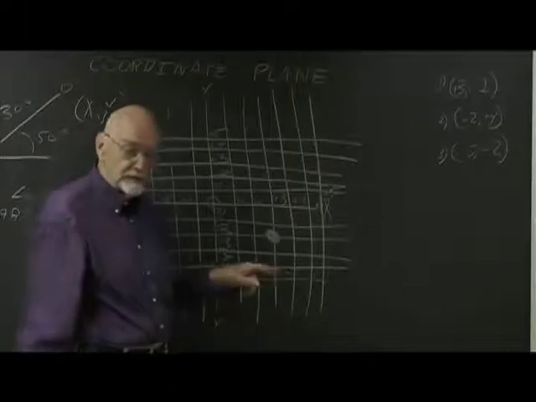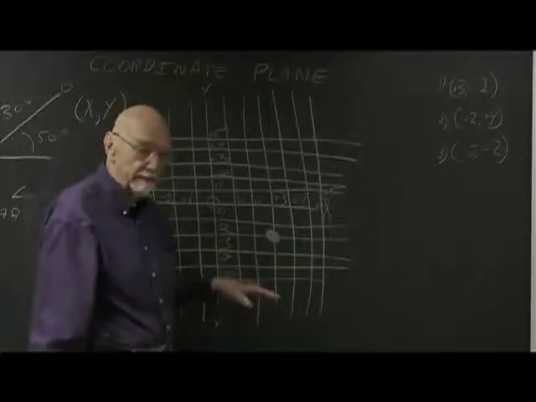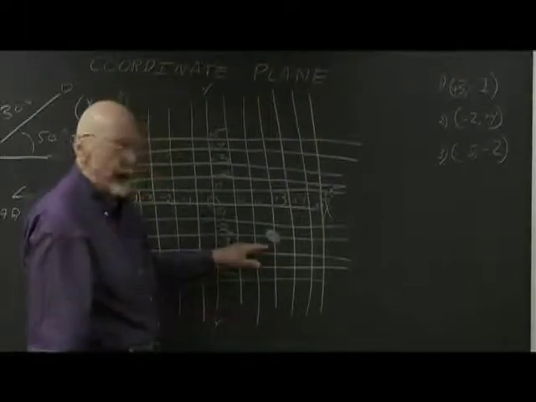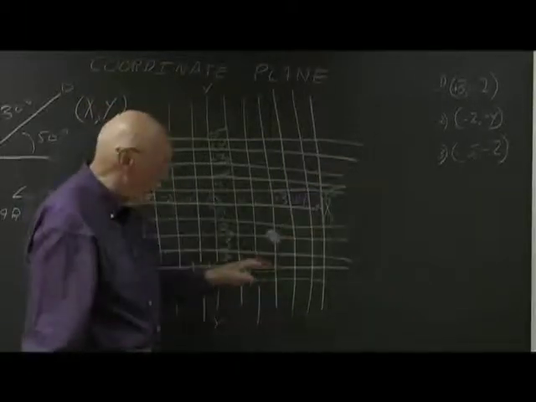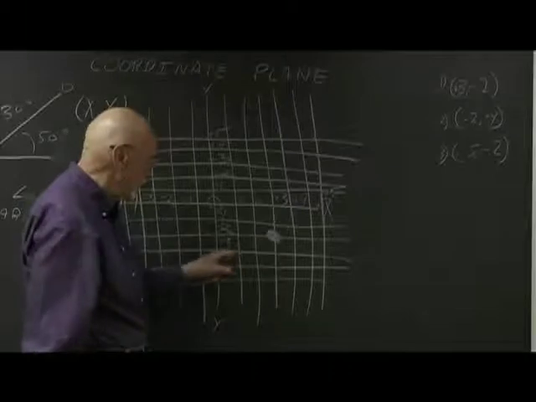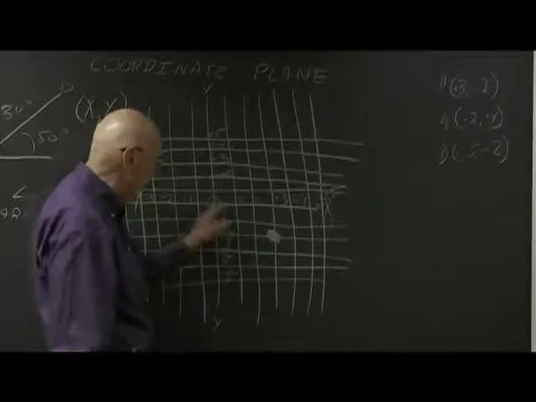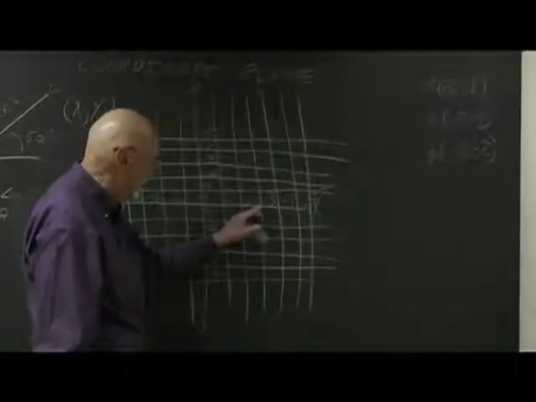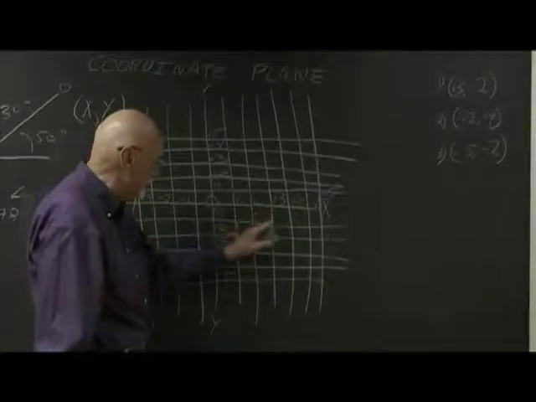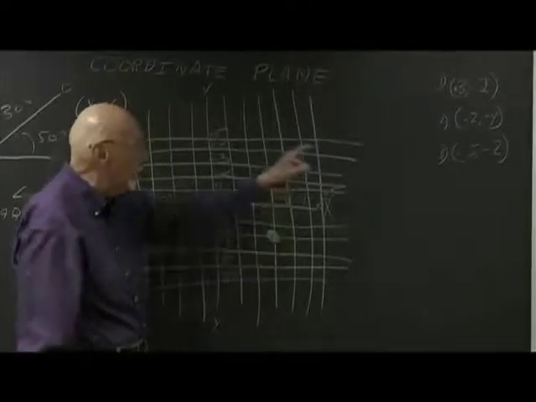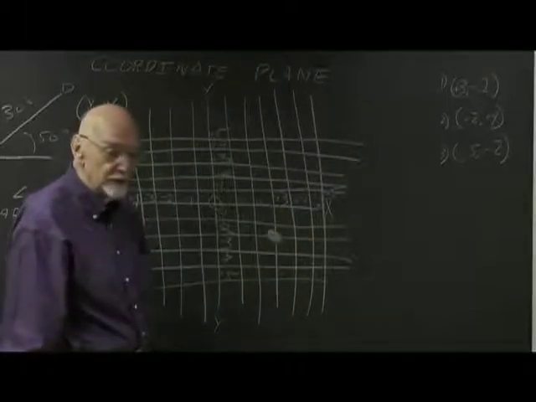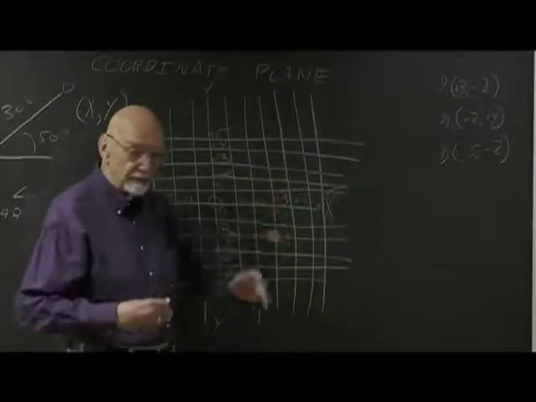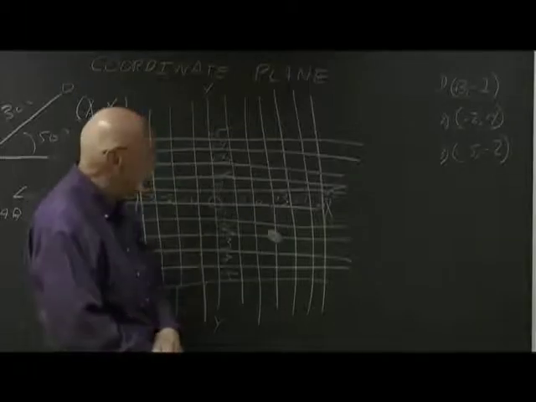On a test, it could be asked the other way. They could give you the dot and ask you to choose from 5 choices which is the proper address. So you would figure out where that is. 1, 2, 3, +3 on the x-axis, -2 on the y-axis, and you would choose +3, -2 out of a choice of 5 different answers.